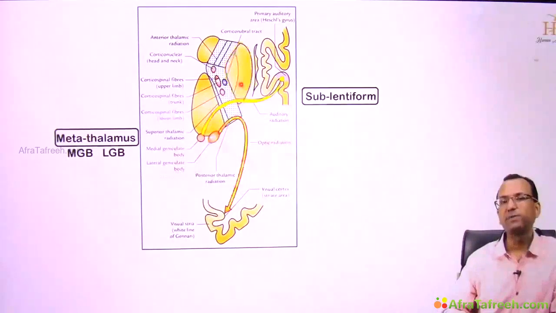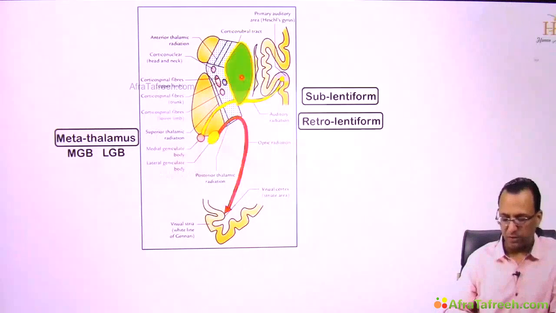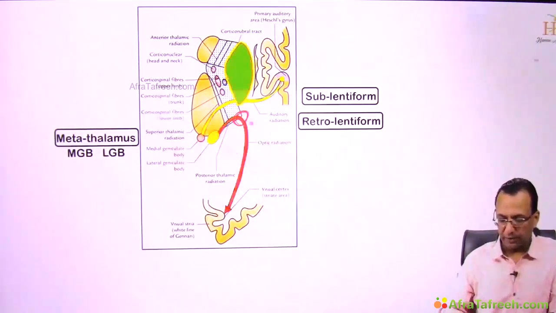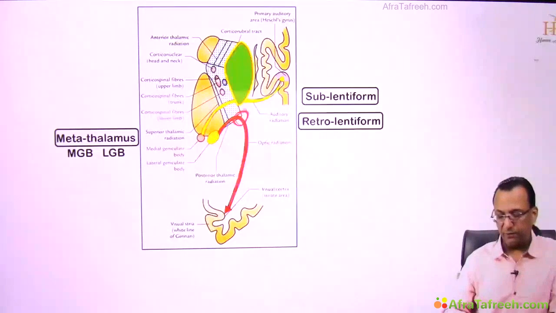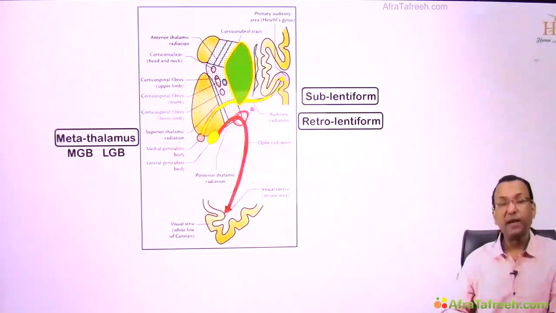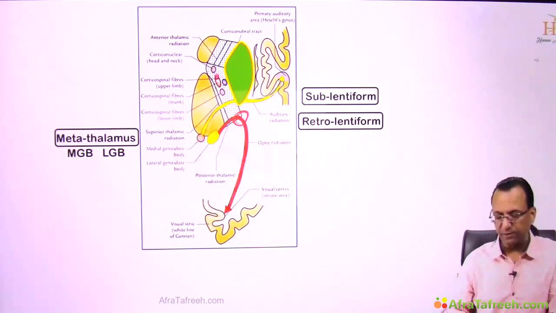Because this pathway is passing behind lentiform nucleus, it is using some part of the internal capsule. That part is called retrolentiform fibers of internal capsule, because it is behind the lentiform nucleus. The posterior part of internal capsule again, that you remember.